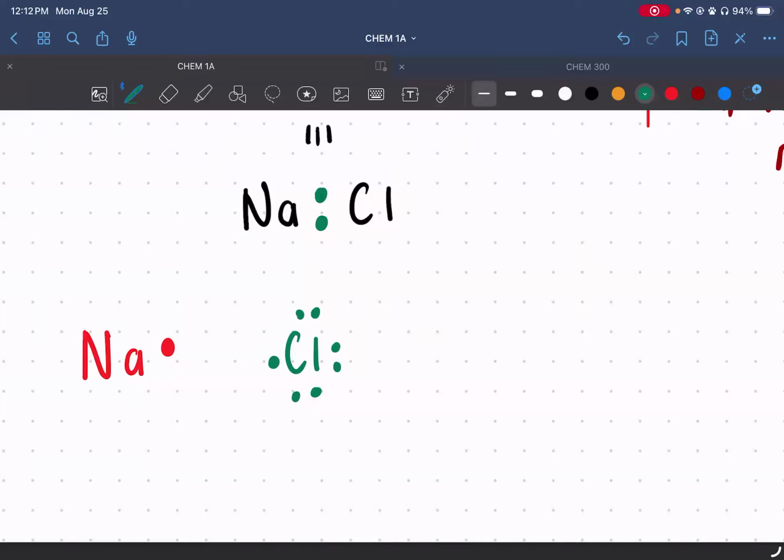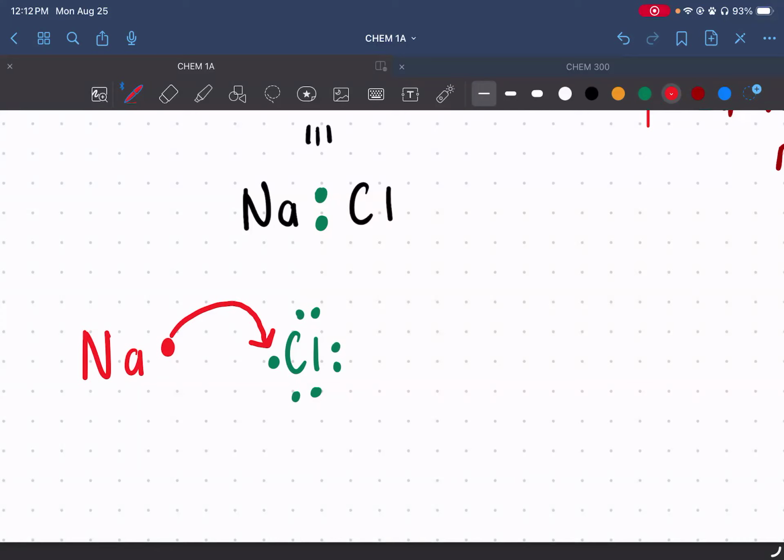Now, here's what happens. That sodium gives up an electron. Why do atoms give up electrons? They want to look like noble gases. Sodium will give up its electron. Where will that electron go? Well, it'll just go straight to the chlorine, because look at your periodic table. Look at where chlorine is.